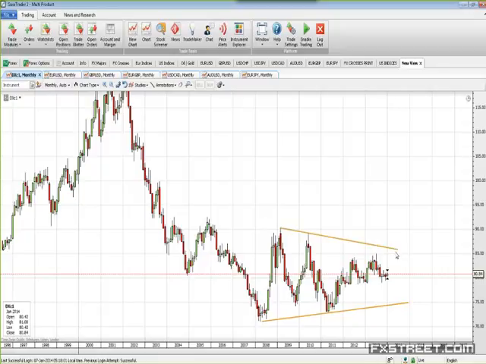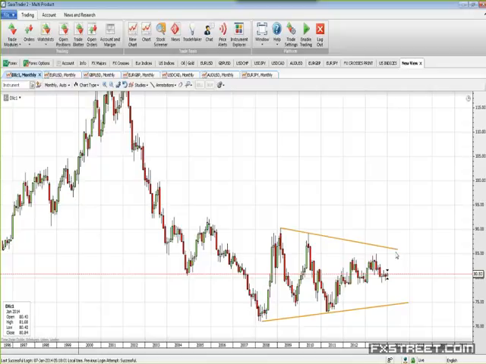Okay, so we're looking for a bias inside this triangle formation. Now, what will happen if you get an hourly or a daily triangle formation? The trade gets smaller and smaller until we get the breakout points at the end. Okay, it gets more and more volatile as we get towards the end of that triangle formation.